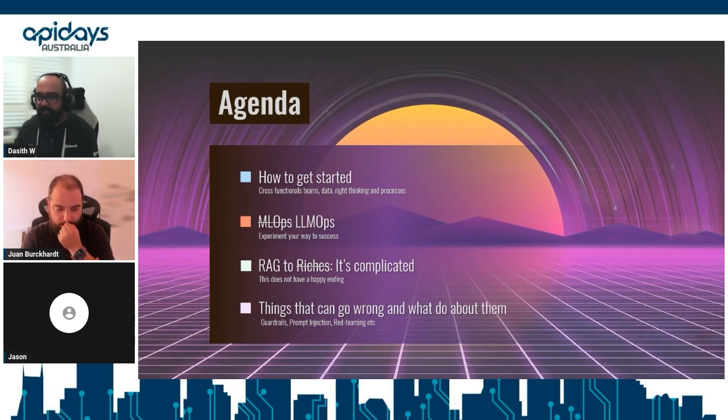It's easy to get started, very hard to master, and get it safe to use in production. And I'll close off with some of the things that can go wrong and will go wrong, and what you can do as an engineer and as your team to reduce some of the risks when developing enterprise solutions running in production.